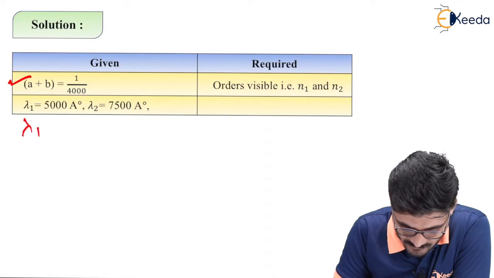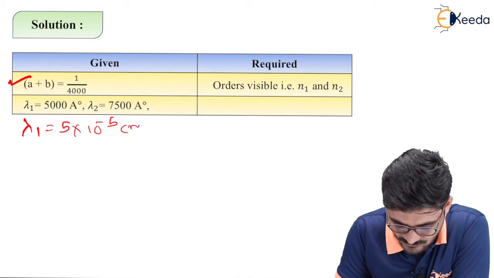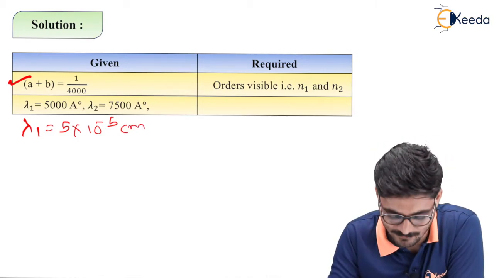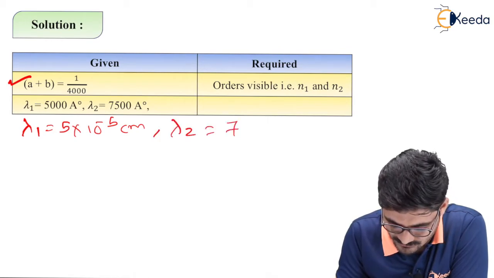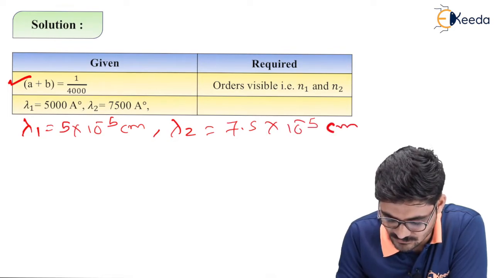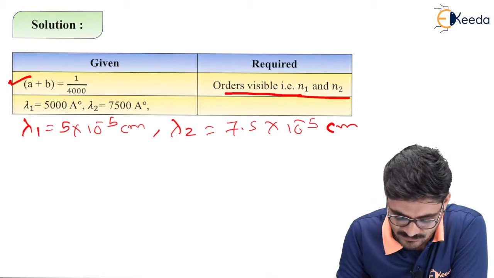We will convert this lambda 1 into 5 into 10 raised to minus 5 centimeter, right? They have given the number of lines per centimeter. Now lambda 2 will be 7.5 into 10 raised to minus 5 centimeter, and the orders visible will be n1 and n2.